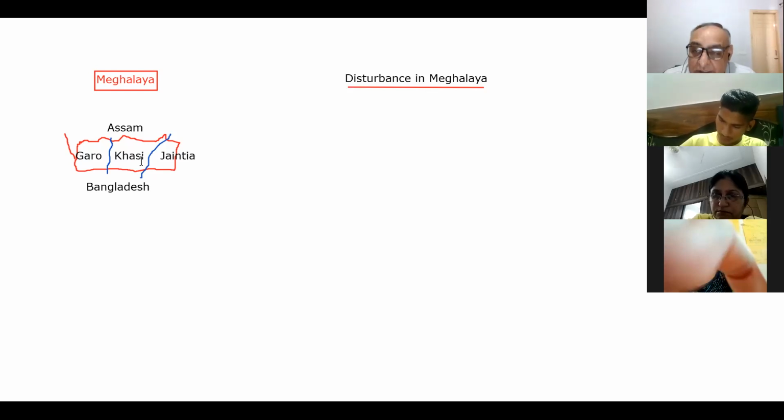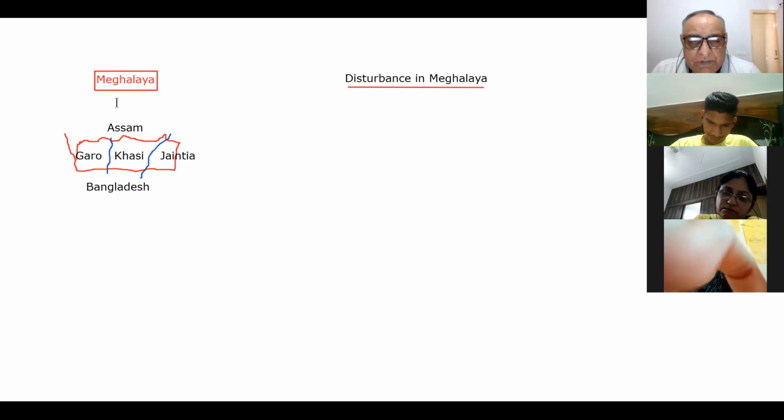Right. So sometimes many of the illegal immigrants from Bangladesh entered into India through the state of Meghalaya because of the paucity of border there, and they crossed over to other states like Assam, etc. वहाँ से फिर वो वहाँ चले जाते हैं.